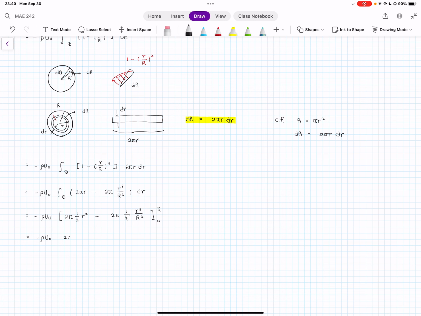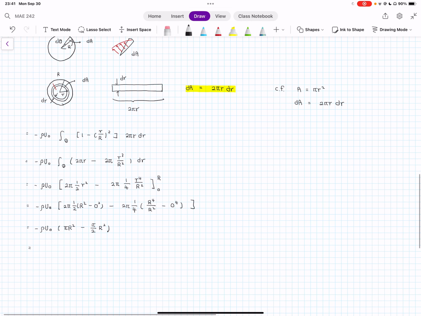This is going to be 2 pi times 1/2 R squared minus 0 squared, minus 2 pi times 1/4 R to the power of 4 over R squared minus 0 to the power of 4, in square brackets, minus rho u naught. It's going to be pi R squared, so this is going to be pi over 2 R squared.